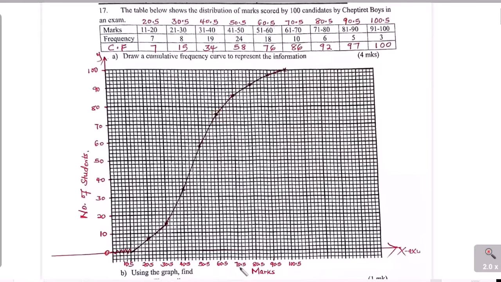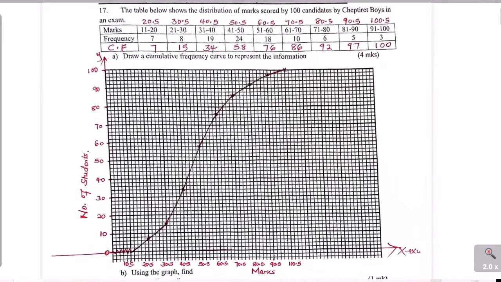You need to be very keen when you're plotting. Then 70.5 you have 86, 86 is here. Then you go to 80.5, 92, 92 is here. One small square represents 2 in both axes. Then 90.5, 97, and then 100.5 is 100.